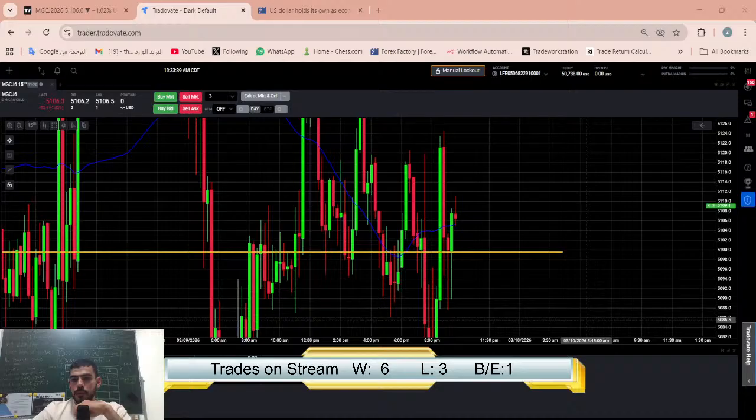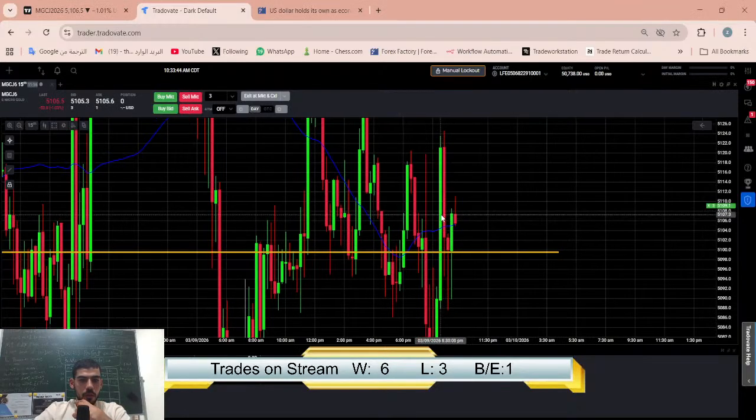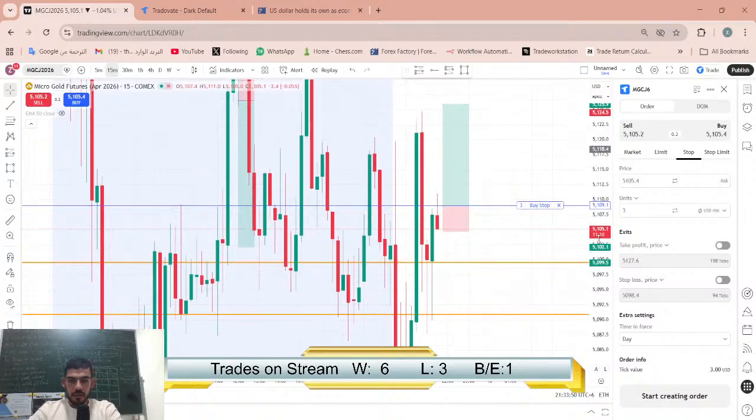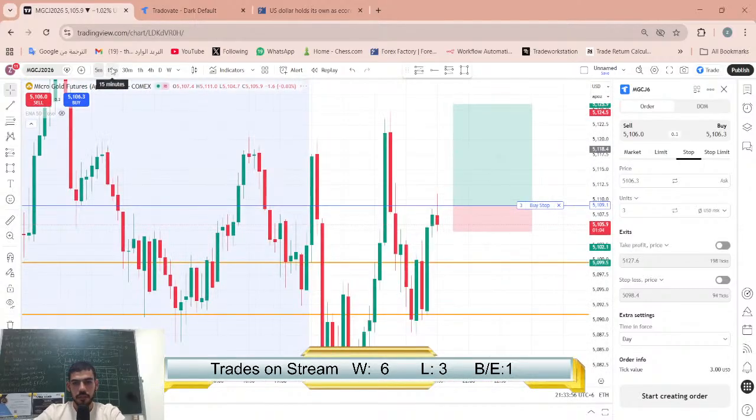So could it re-break the highs? We are waiting now for gold to see if it can re-break the highs or not. Let's check the 5 minutes. Doesn't look bad, but it doesn't look good also.